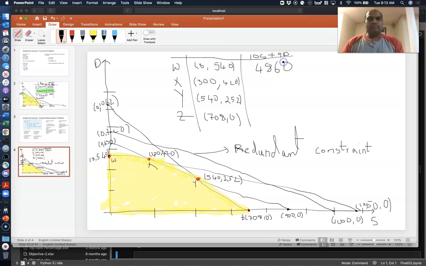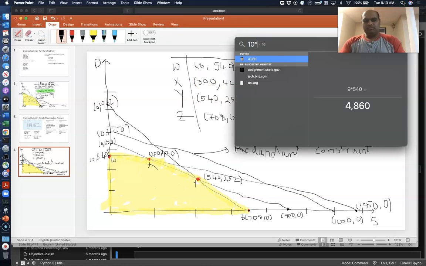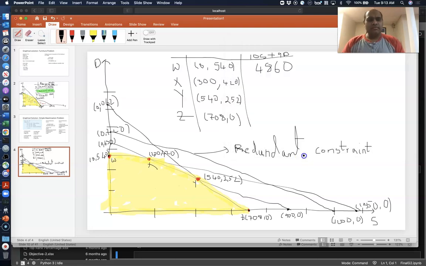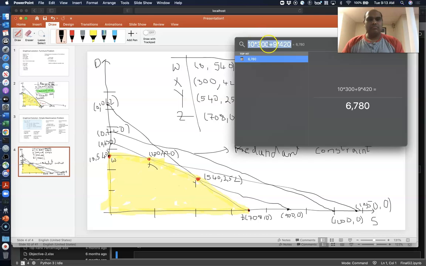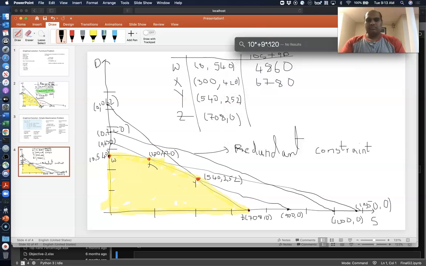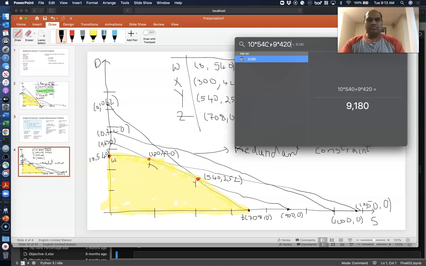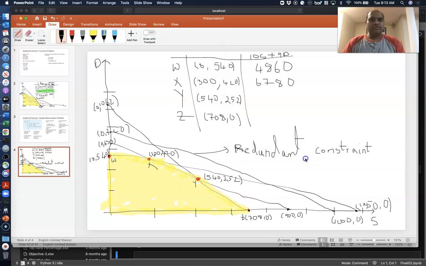If you plug in 300, 420, it's $6,780. For 540, 252, it's $7,668.